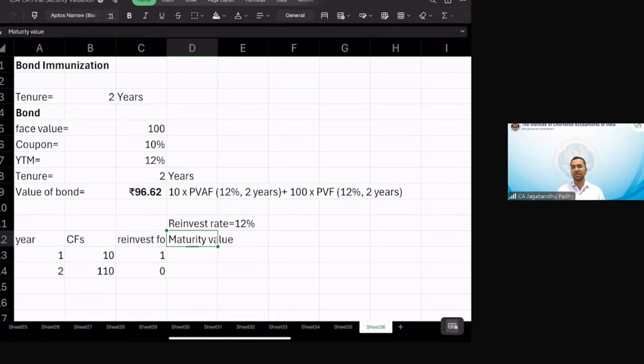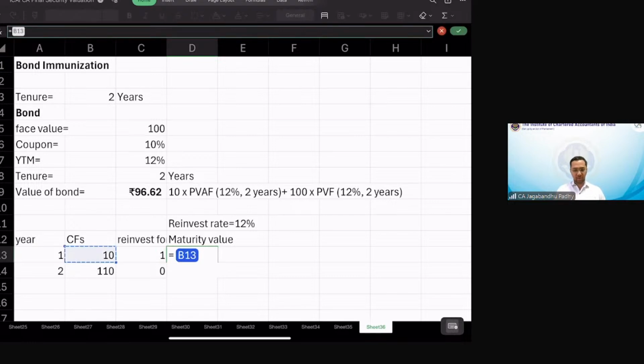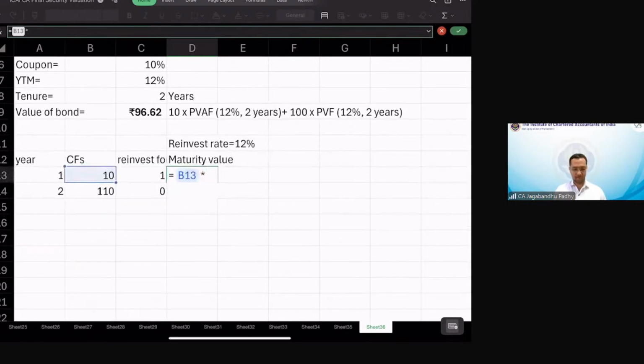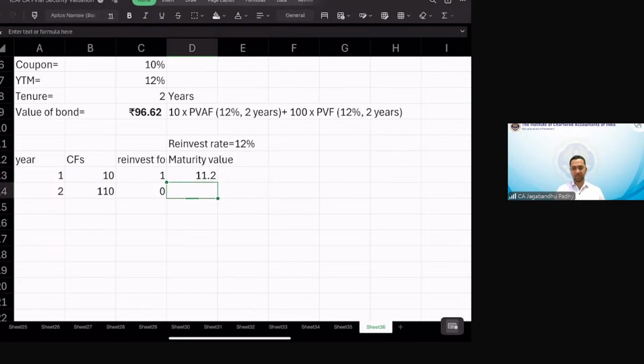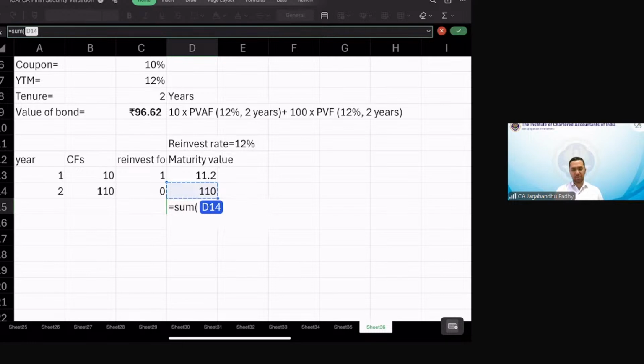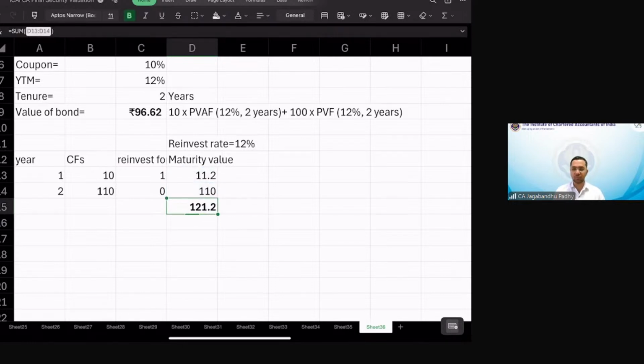If my reinvestment rate is 12%, what will be the maturity value? Can I say the maturity value will be 10 multiplied by 1.12, so it will become 11.2, and of course this is going to be 110. So the total maturity value which you are getting is 121.2. Am I right, guys? Total maturity value which we are getting is 121.2.